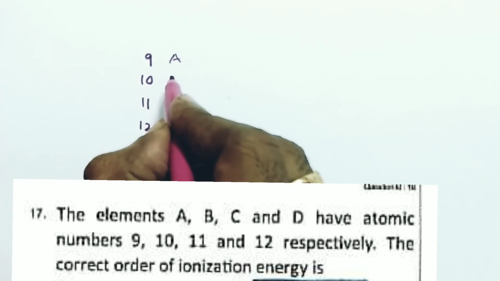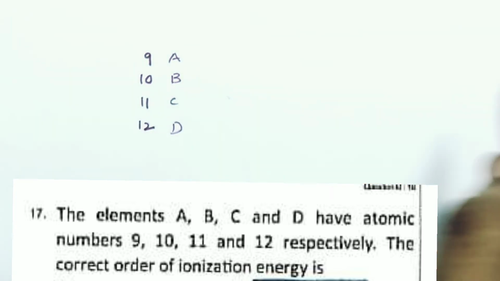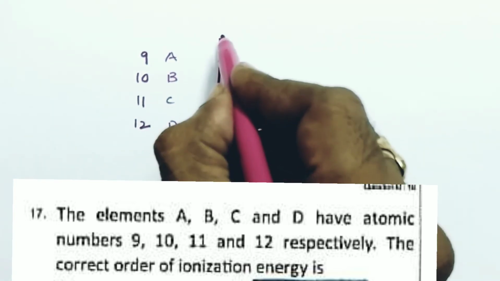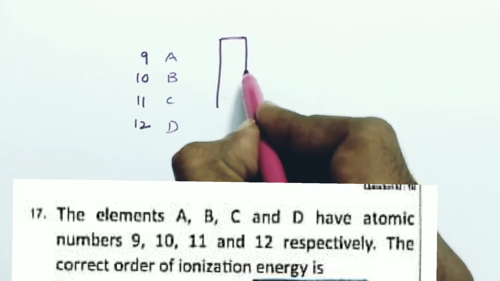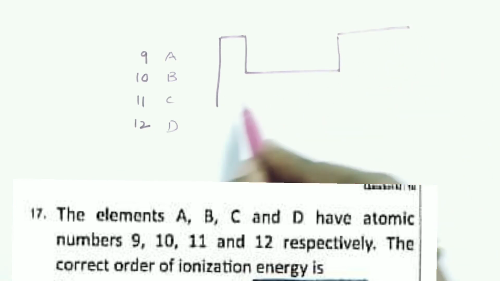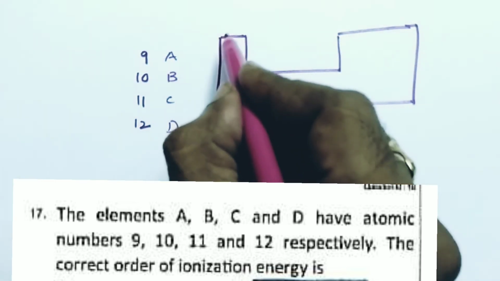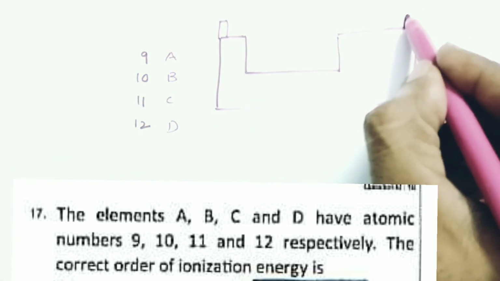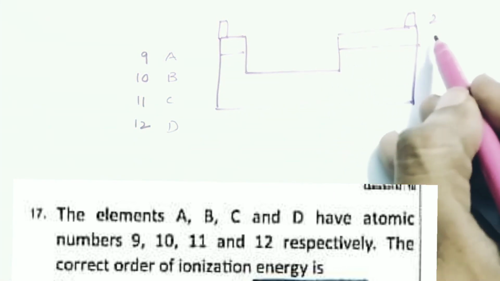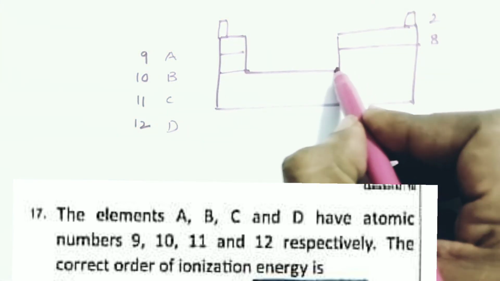So here the elements are A, B, C and D. If you observe the periodic table, the first period contains 2 elements, the second period contains 8 elements, and the third period contains 8 elements.